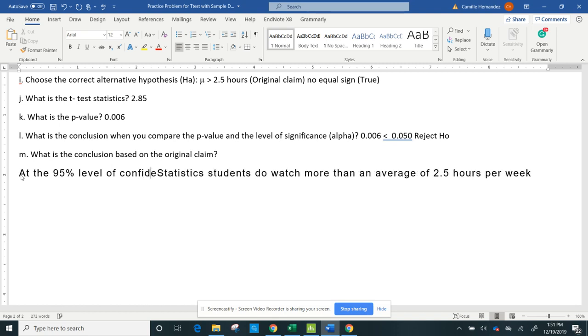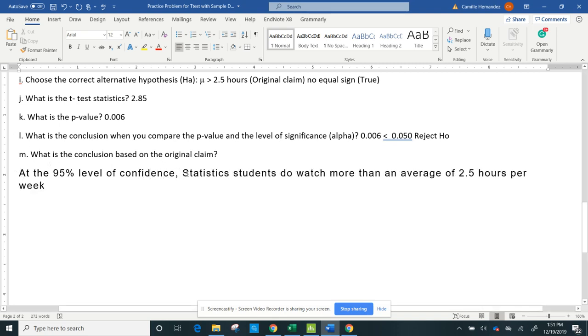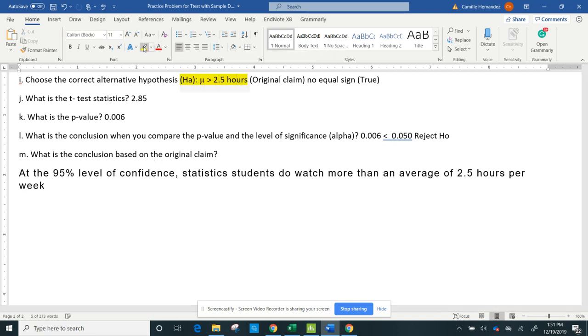Okay, why did I do that? Because it was in the original statement. For me, when I write these, when I'm doing literature, I start with either my level of confidence or my level of significance that was given to me in the original problem. Then I do the conclusion. And if you look, statistics students do watch more than an average of 2.5 hours per week. This is the exact same in English words as what this is in the alternative.